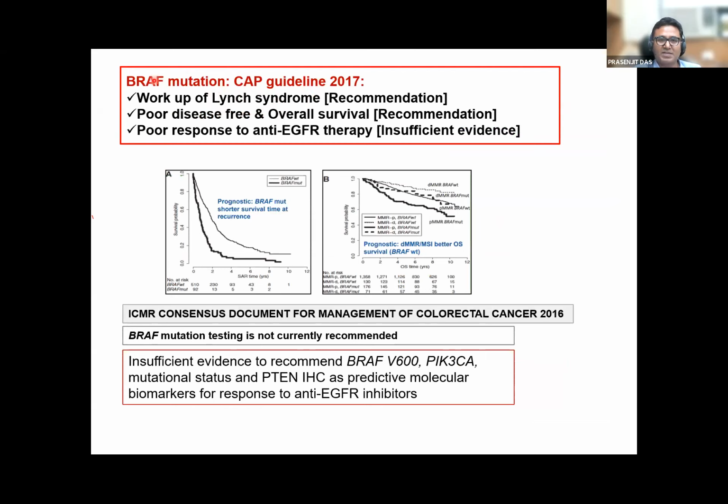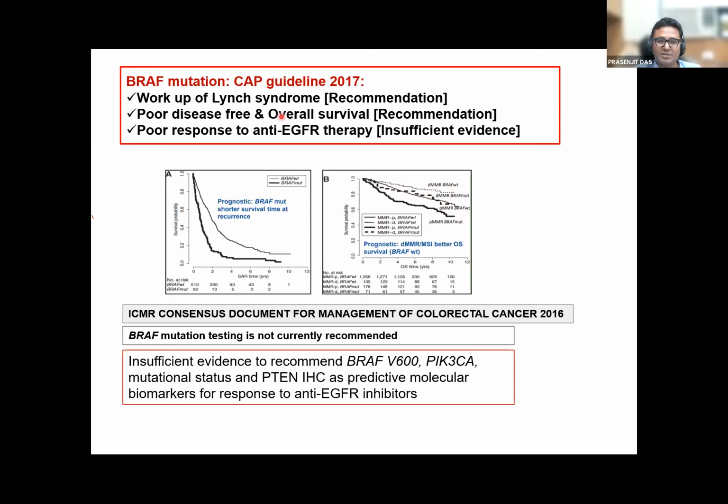And BRAF gene mutation is a prognostic marker. If your patient has the mutation, then the prognosis is somewhat better than a patient who has a wild type BRAF gene. You can see, if your patient has a deficient MMR but BRAF is wild type, then the prognosis is somewhat poorer than the patient who has BRAF gene mutation.